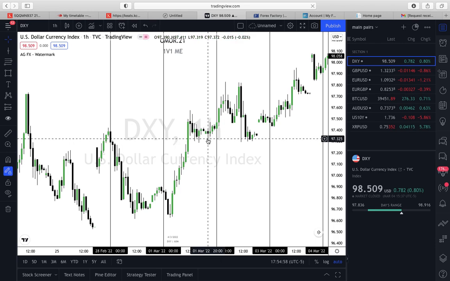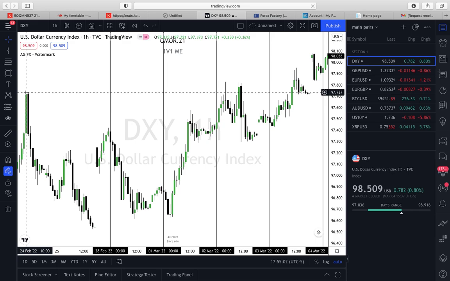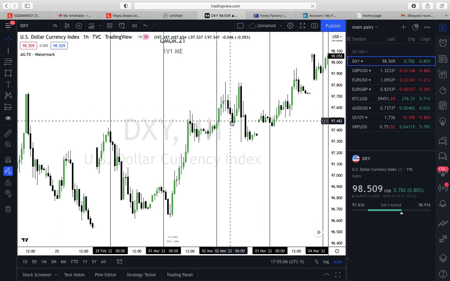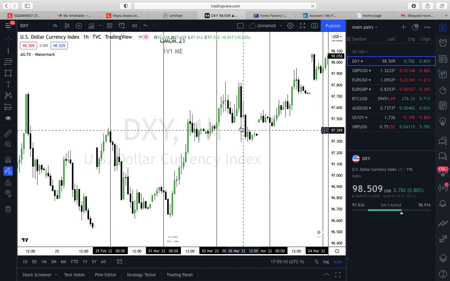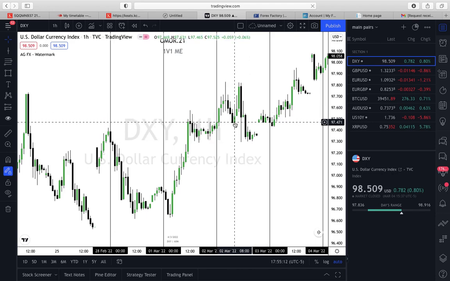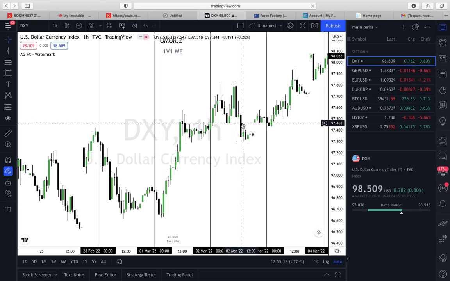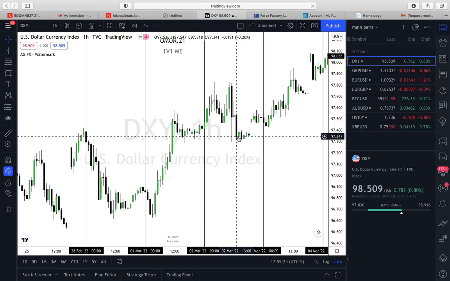Accumulates more orders, drives up higher, takes out this high. What's left here? Imbalance, order block. We see price comes and fills that imbalance, pushes higher, and breaks down. It breaks down, and we see this big candle.